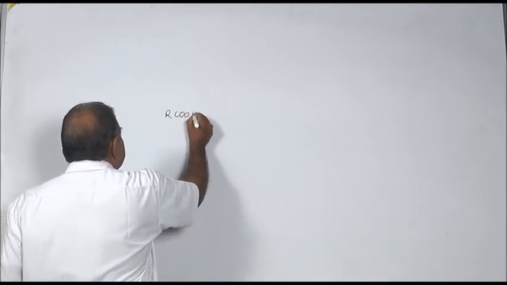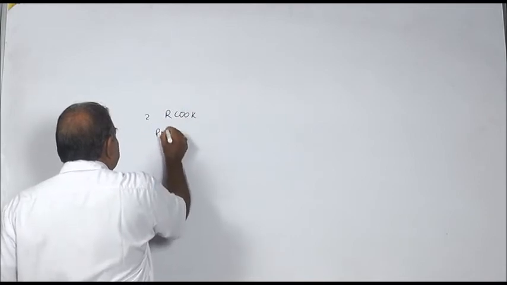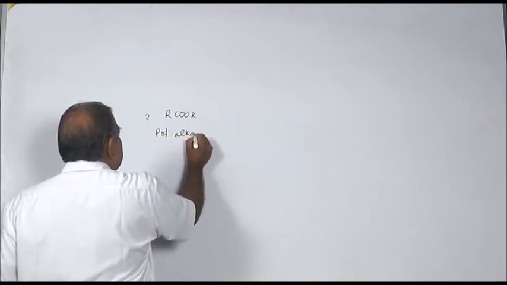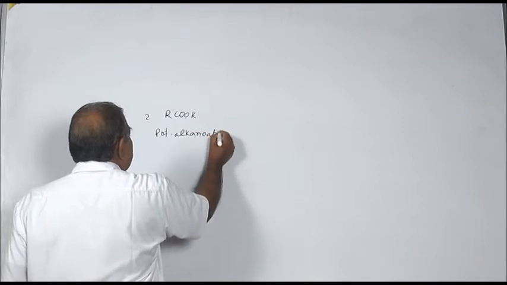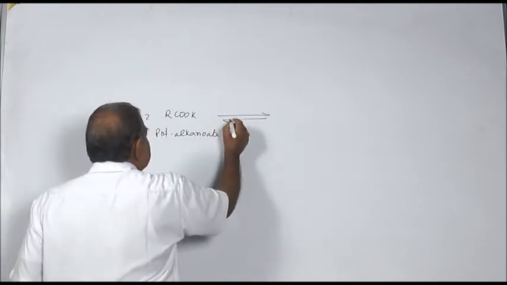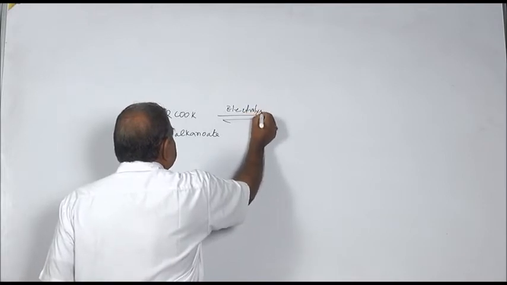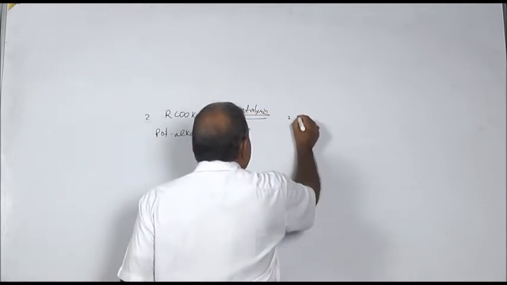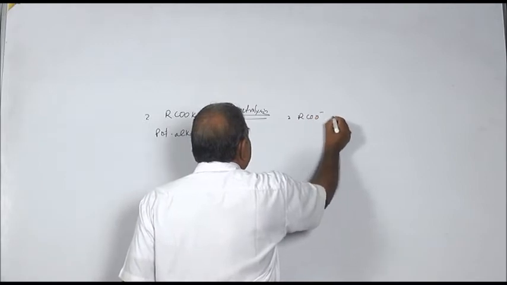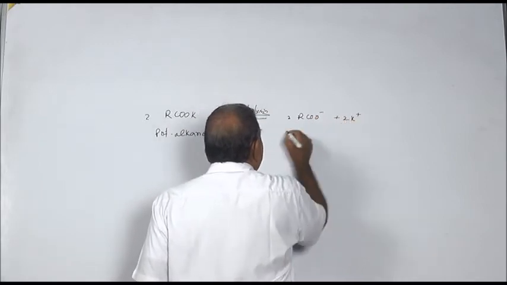Let us take, say, potassium alkanoate. Electrolysis is a reversible process. On electrolysis, you will get carboxylate ion plus potassium ion.